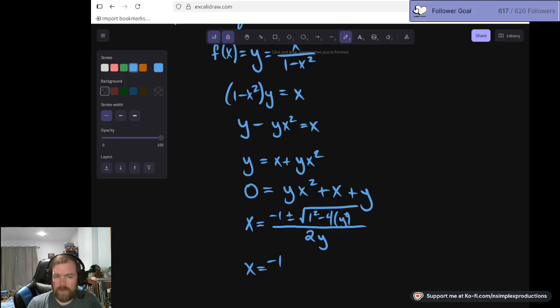X is equal to -1 plus or minus the square root of 1 minus 4y squared, all over 2y.